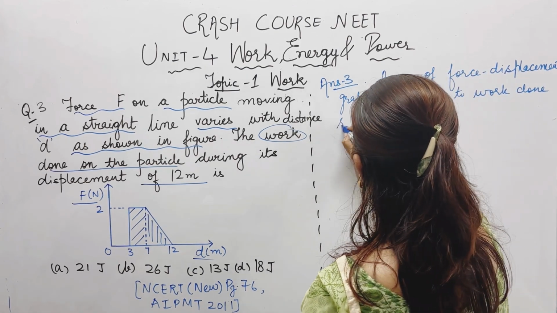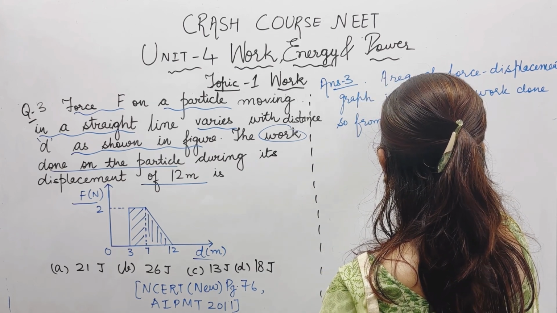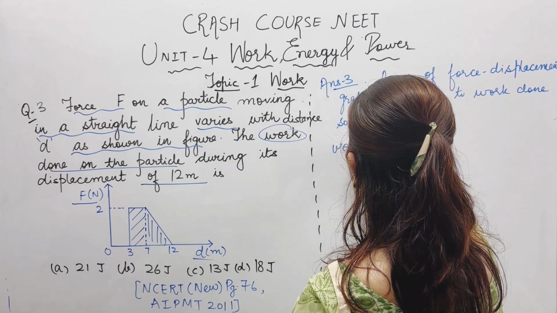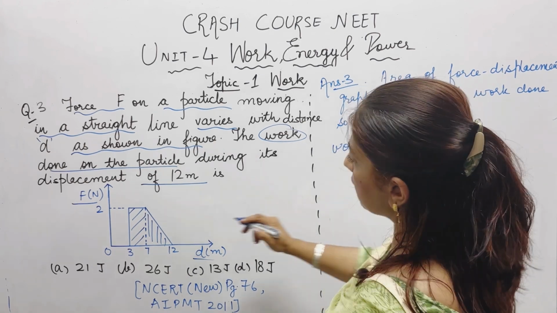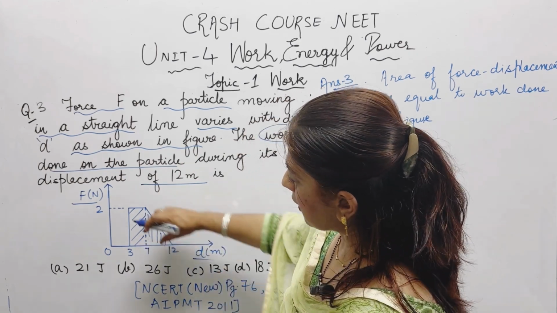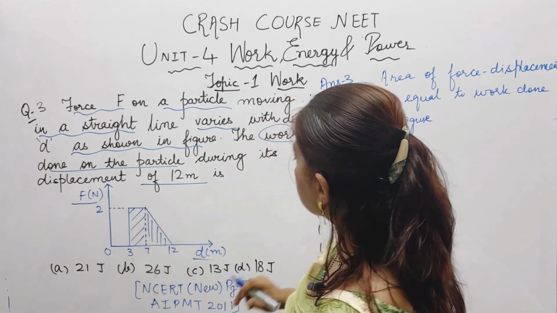So from figure, work is equal to, now for this rectangle, 7 minus 3 is the width and 2 is the height.